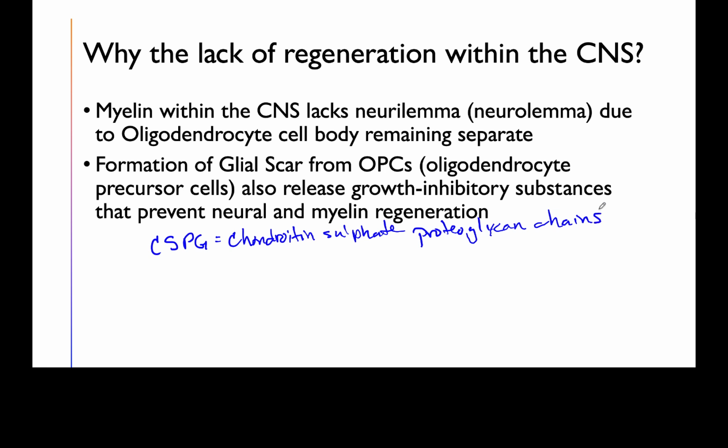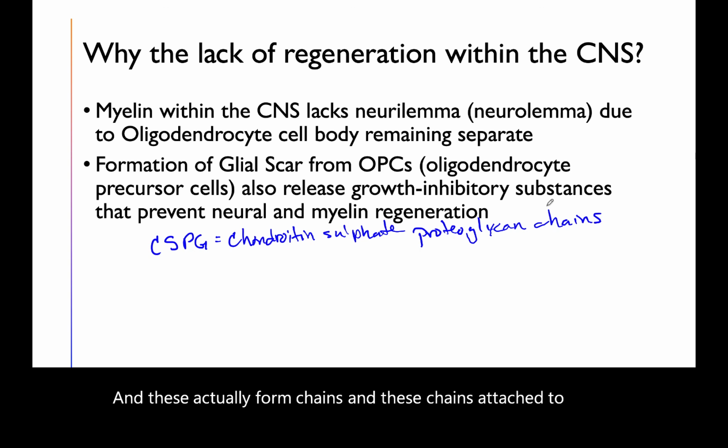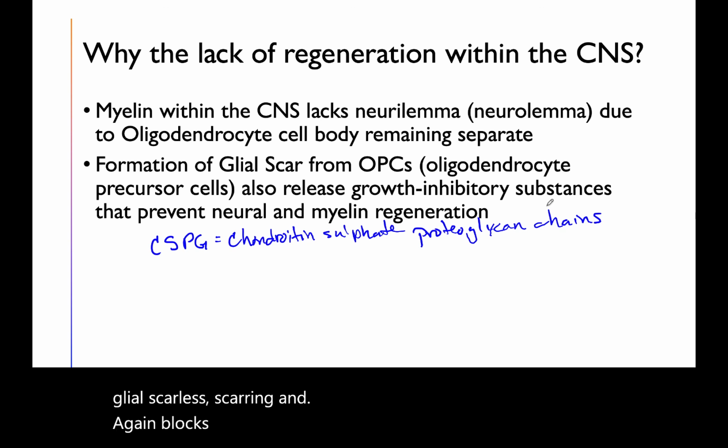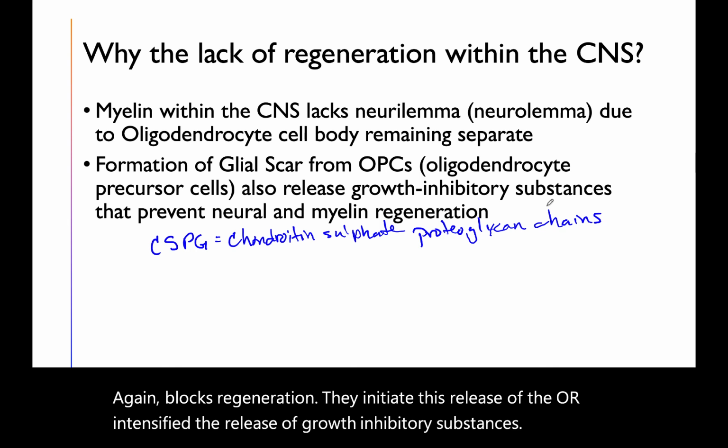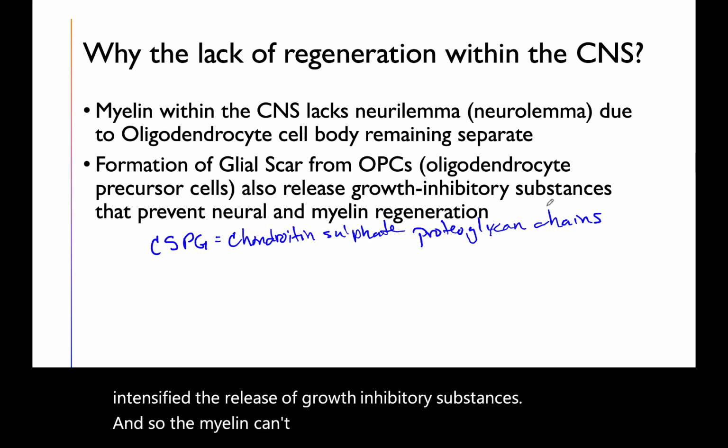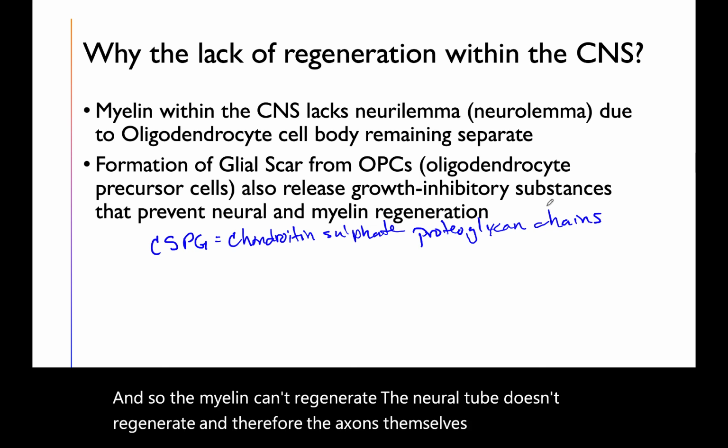And these actually form chains. And these chains attach to the glial scarring and again block regeneration. Right? They initiate or intensify the release of growth inhibitory substances. And so the myelin can't regenerate, the neural tube doesn't regenerate, and therefore the axons themselves also don't regenerate.